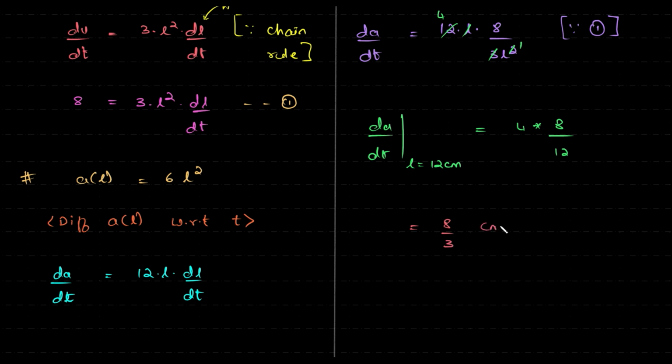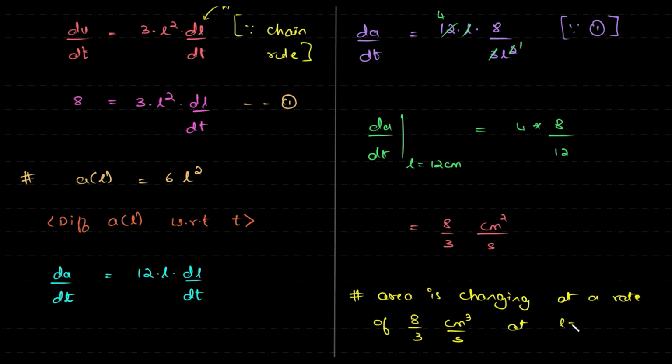Area has to do with centimeter square, the unit that is, and this is second. Okay, and we will end up writing area is changing at a rate of 8 by 3 centimeter cube per second at L is equal to 12 centimeter.